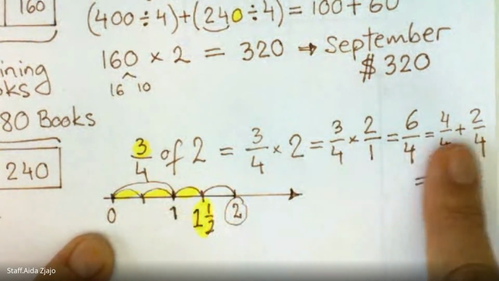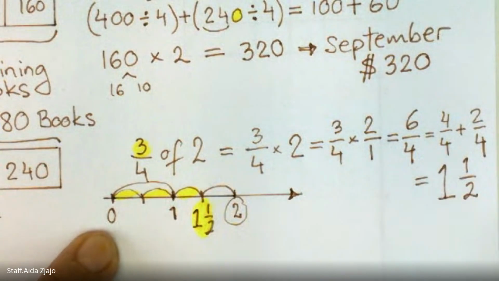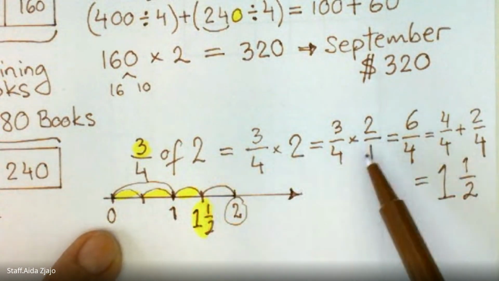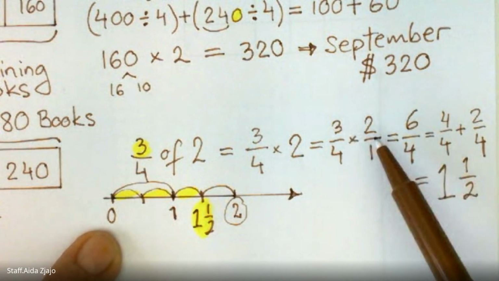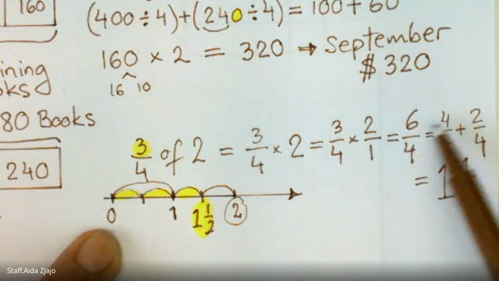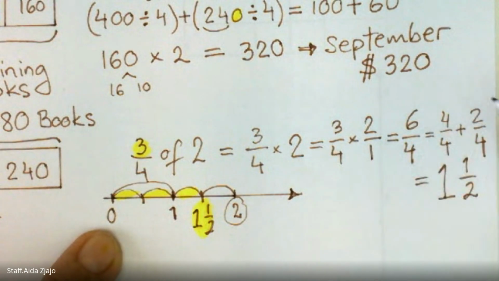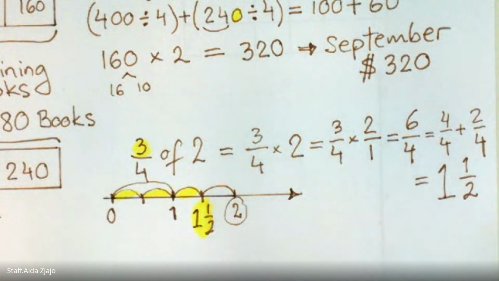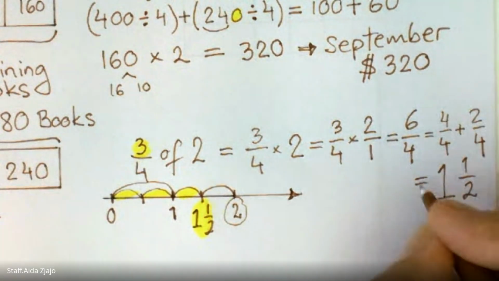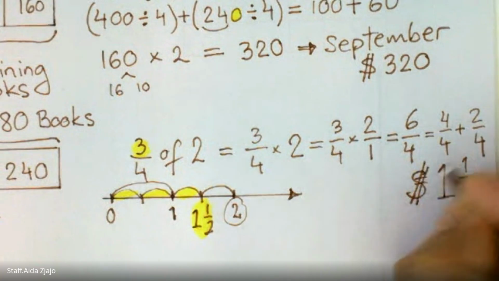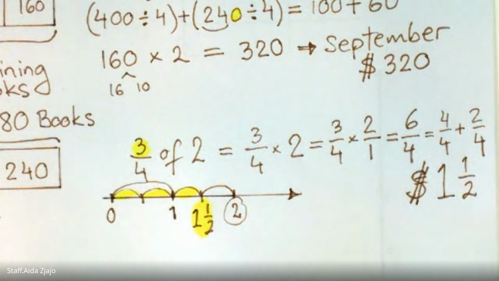Or you can do the standard algorithm: change the wholes into fractions and use the rule for multiplying fractions, numerator by numerator, denominator by denominator. Then you get an improper fraction, and you change it into the mixed number, 1 and 1/2. So the price is $1.50.